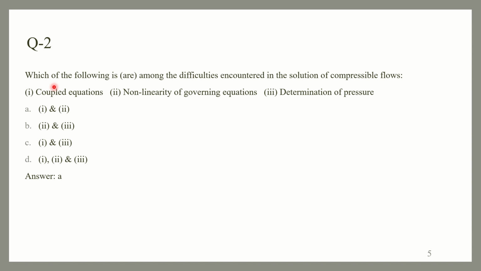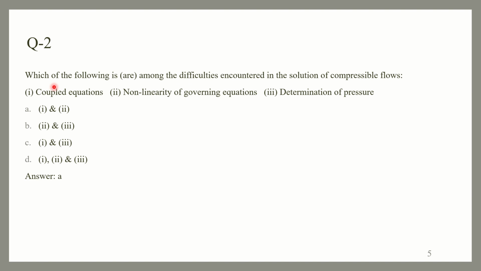In compressible flows, what equations would we have? We have the mass conservation equation, that is the continuity equation, and the momentum conservation equations. In the momentum conservation equation, the density terms would still be there in that coupled equation.